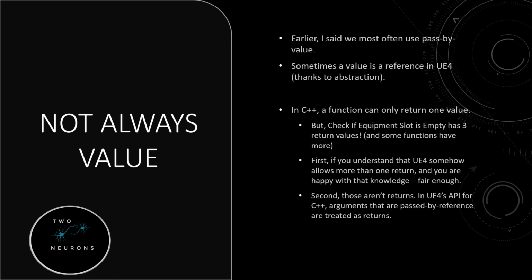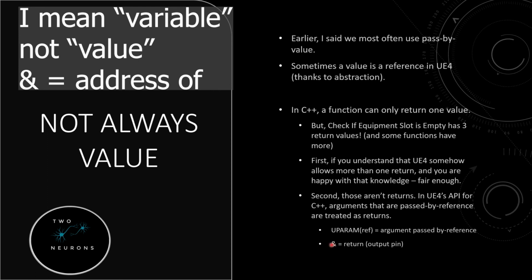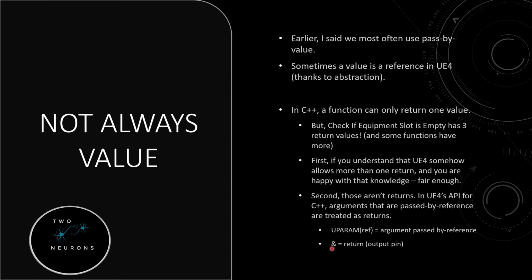But in both Blueprint and C++, you can actually do both of these. You can pass an argument as a reference, so it comes out as a return, or you can pass an argument as a true reference. So in traditional C++, when you are passing an argument as a reference, what you're doing is you're putting the ampersand, the and symbol, in front of the value. The way that UE4 treats this is it turns it into a return or an output pin.